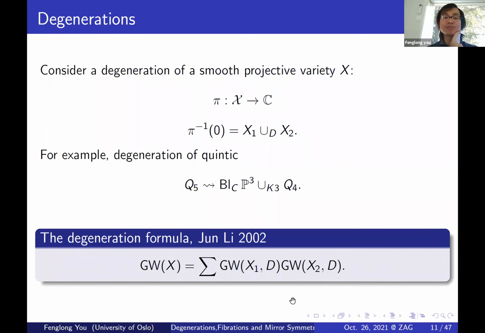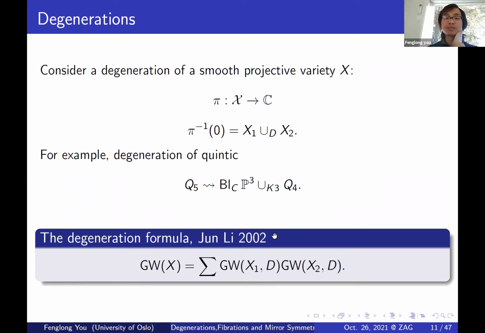The degeneration formula states that if we have a degeneration, then the central fiber has two irreducible components. For example, if we degenerate the quintic into a blow-up of P3 and a quartic, then the absolute Gromov-Witten invariant can be computed as a sum of products of relative Gromov-Witten invariants of these two pairs.